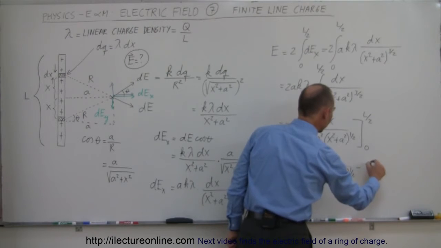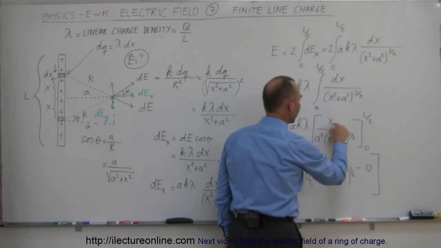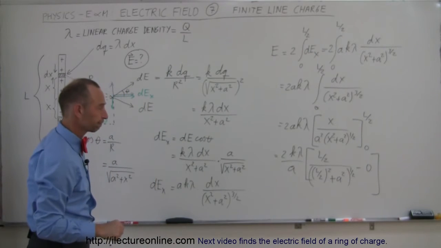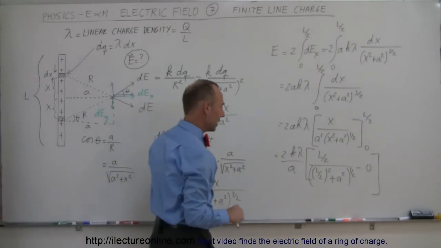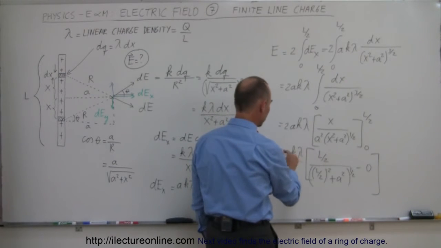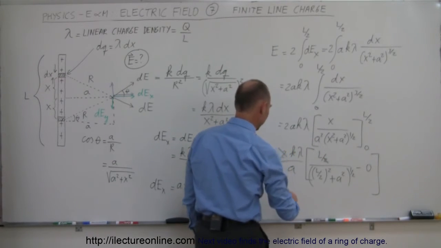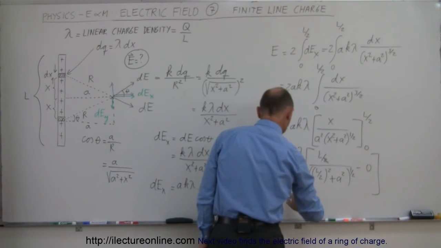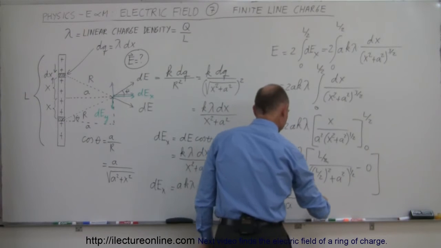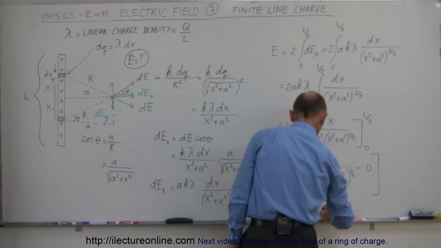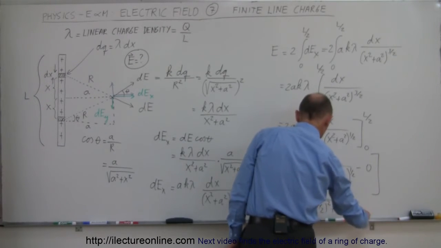And then minus 0, because when we plug in the lower limit, we put 0 in there, and of course we get 0 for the whole fraction. Okay, now we're almost done. So in the numerator we have 2 and L over 2, so the 2's cancel out. And so we can now write this as k lambda L divided by a times 1 over L over 2 quantity squared plus a squared to the 1/2 power.